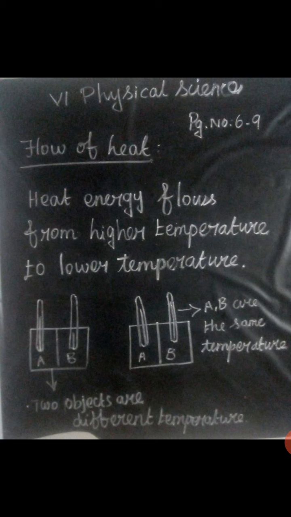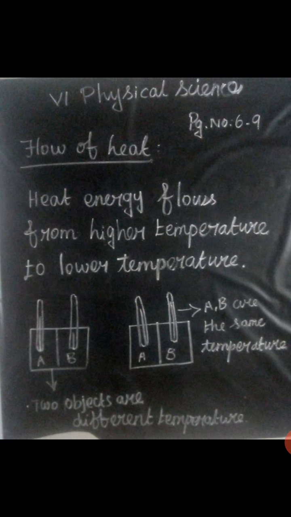So the hot body here is the tea. The normal room temperature is 37 degrees Celsius. So the hot tea is there, and that temperature flows to the room temperature.